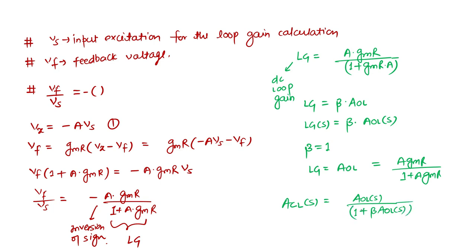If I multiply and divide by beta, it can be written as beta AOL(s) divided by 1 plus beta AOL(s), times 1 by beta. So the closed loop transfer function in the frequency domain can be written as 1 by beta times loop gain in the frequency domain divided by 1 plus loop gain.